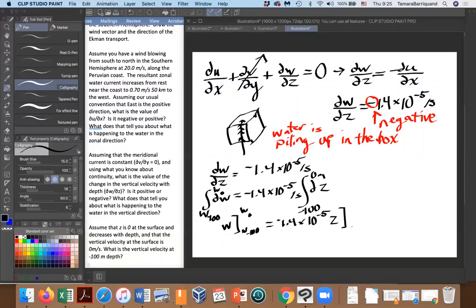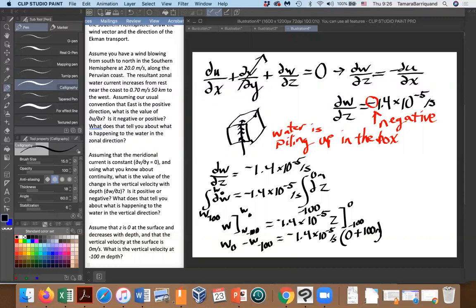And that will be defined from negative 100 to 0. So on this side of the equation, I have w at the surface minus w at negative 100 meters. And that will be equal on this side to negative 1.4 times 10 to the minus 5th per second times 0 minus a negative 100 meters.